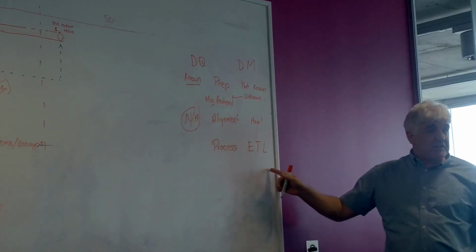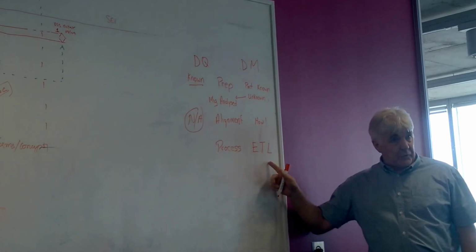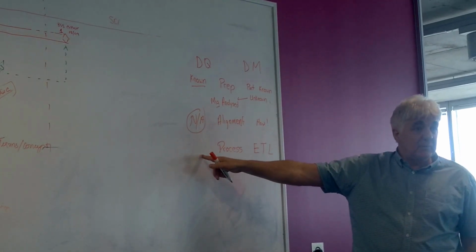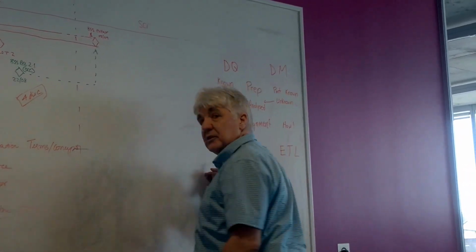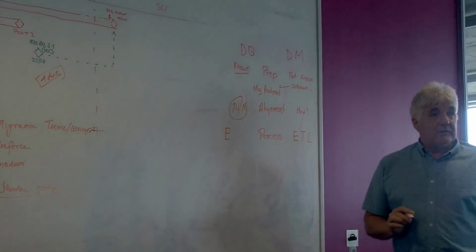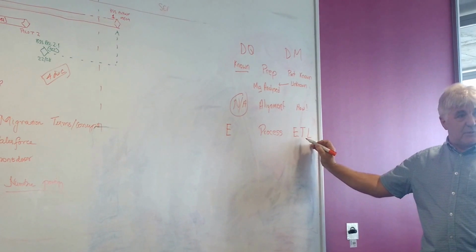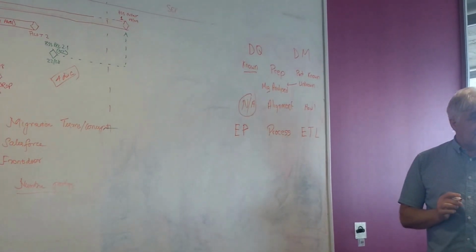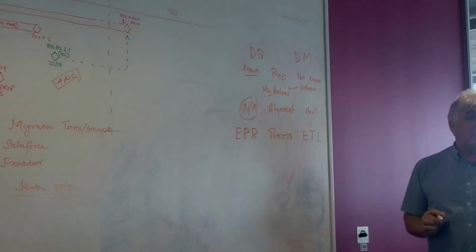Migration is ETL. Extract, which is all your feeds, transform, and load. Is that what you do for DQ? No, it's definitely not what you do for DQ. What you do for DQ is, yes, you extract, but there's no transformation because you don't need to, you know what the data is. So you process it, and you don't load it anywhere, you report it.